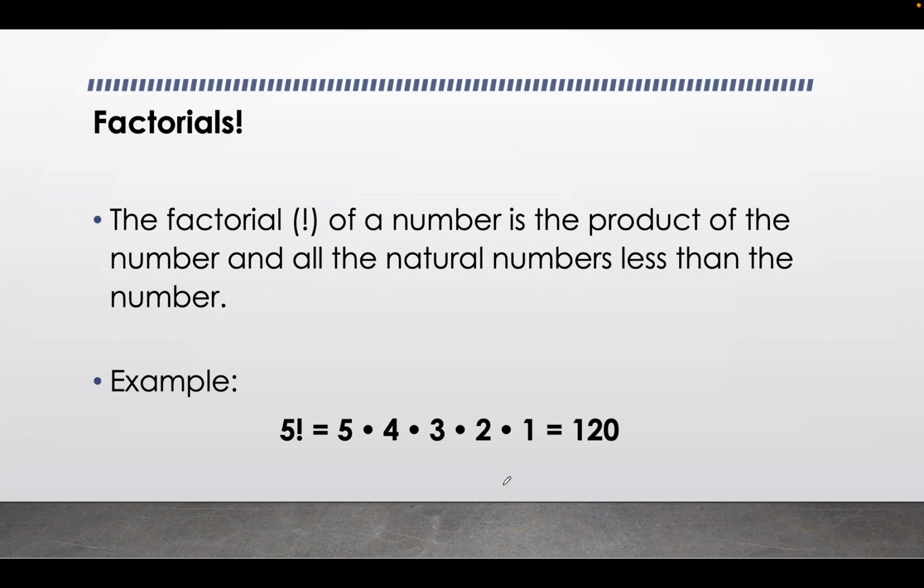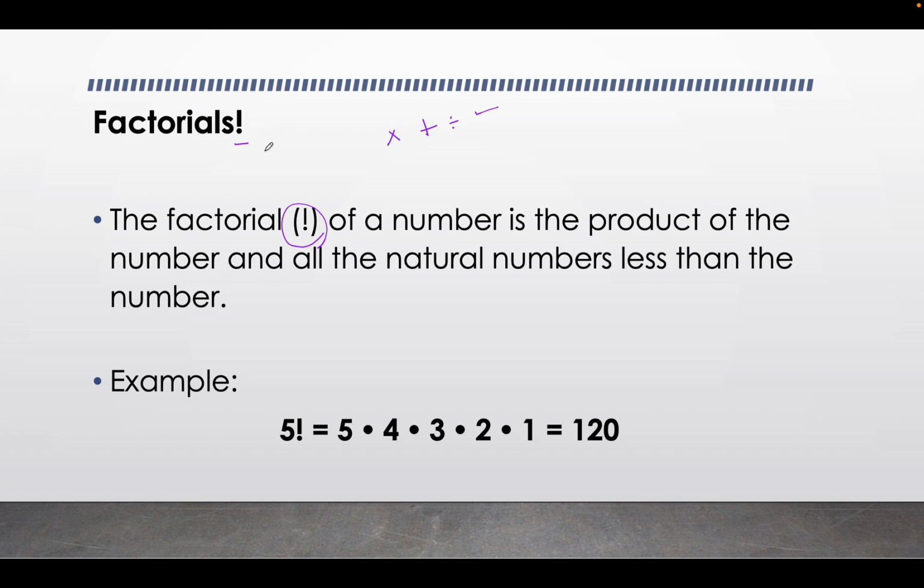Now, in order to figure out how we calculate the number of possibilities, combination or permutation, first you need to understand the concept of a factorial. A factorial in math is a new symbol, kind of like an operation symbol like multiplication, addition, division, subtraction. A factorial is an exclamation point.